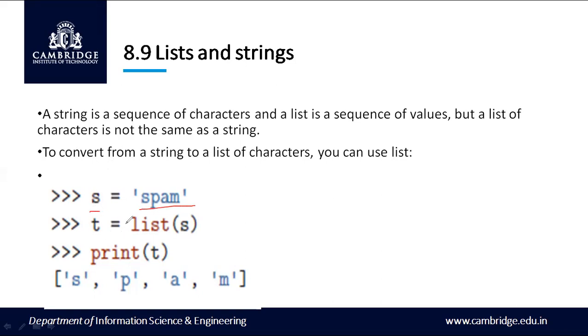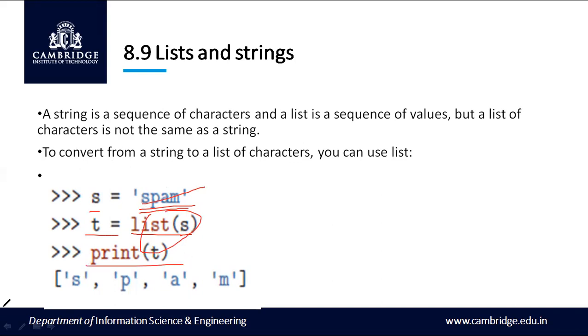What we are going to do is convert this string spam to a list. You're going to use the keyword list and pass this string as the parameter. You can see here list of s. This particular list is stored in the list called t.